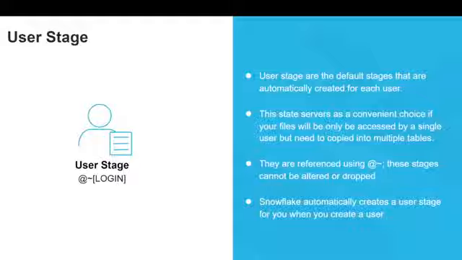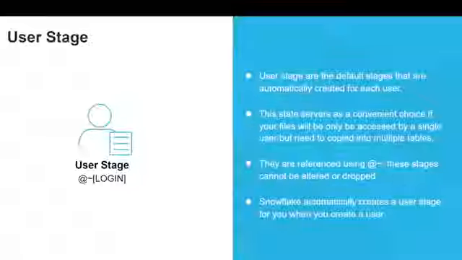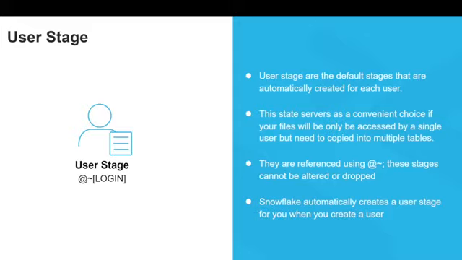It serves as a convenient choice if your files will only be accessed by a single user but need to be copied into multiple tables. So you use the user stage where your file needs to be accessed by a single user, whose user stage you are using, but it can be copied into multiple tables. They are referenced using the at sign and tilde, and these stages cannot be altered or dropped. As we discussed, Snowflake automatically creates a user stage whenever you create a new user.